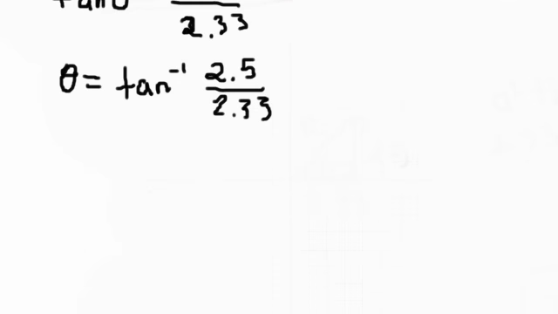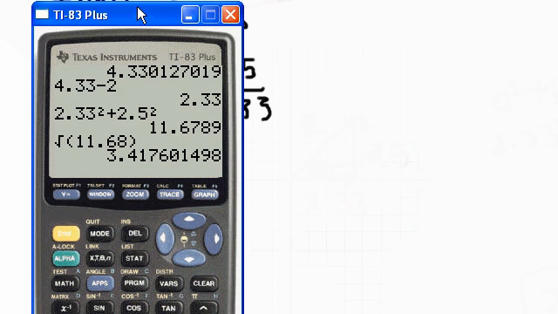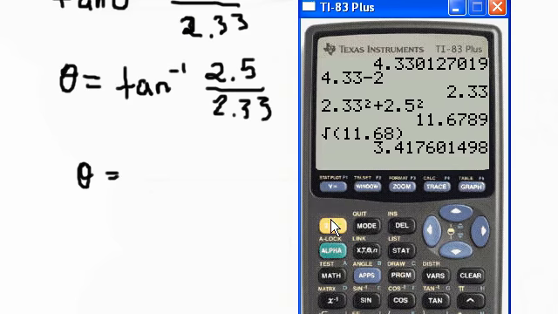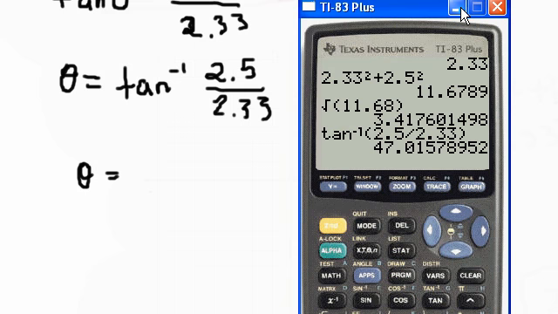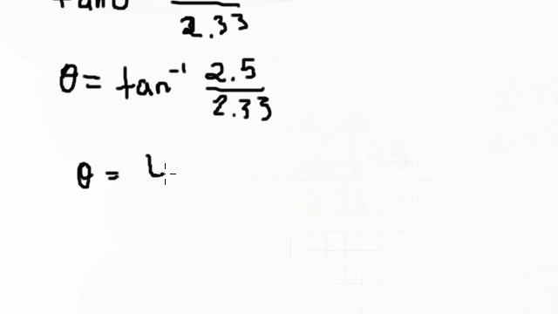Theta is equal to, alright, let's go to the arctangent. 2.5 divided by 2.33, and we get 47 degrees. So 47 degrees is the new direction of this vector.